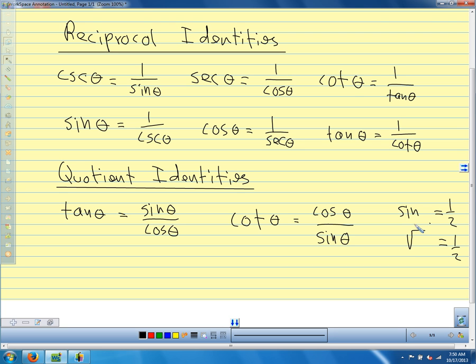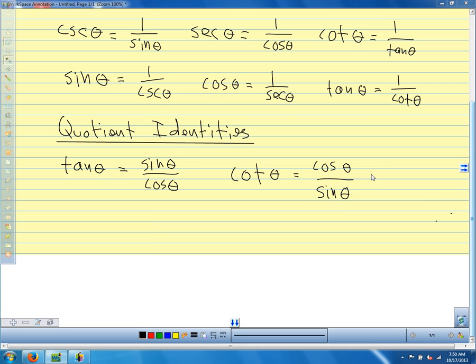It's something that happens a fair amount, so I just want to mention it. And you definitely don't want to make the mistake of saying that sine x over n, cancel out the n's and that equals 6. Can't do that. Just so you know. All right. So those are our quotient identities.